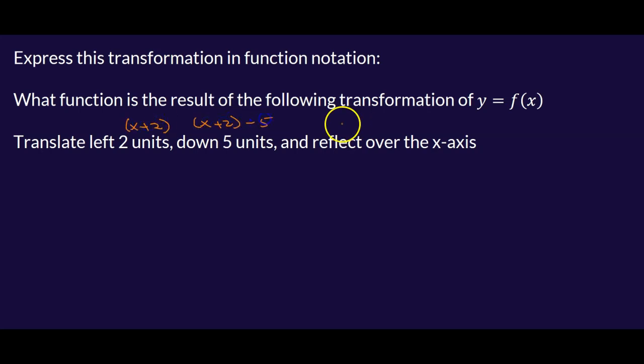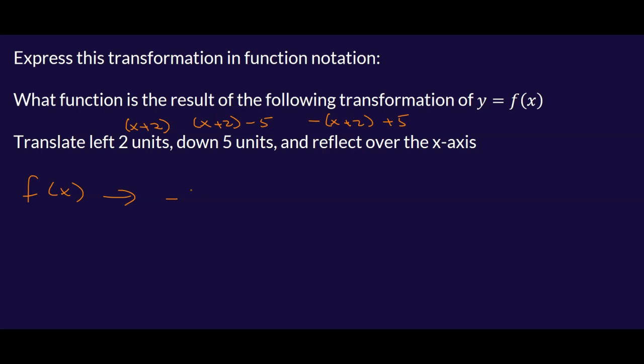Reflect over the x-axis is going to be negative. So we're going to have f of x transformed to negative f of, and then we have left 2 units, x plus 2, and then down 5 units. That's our function.